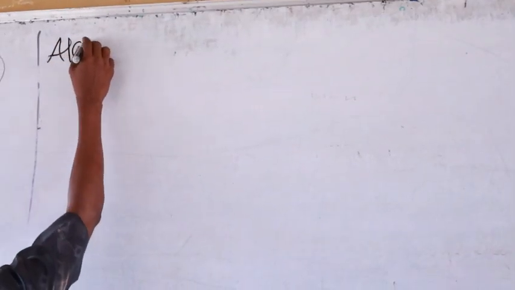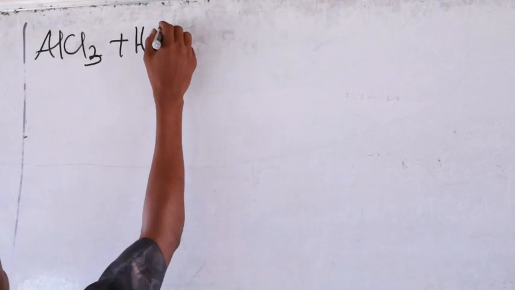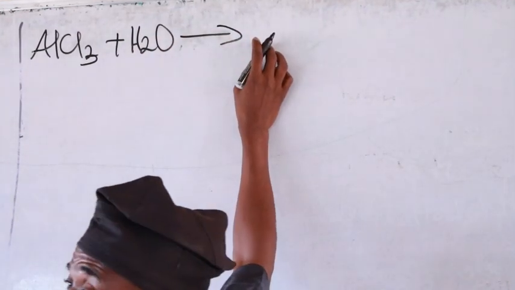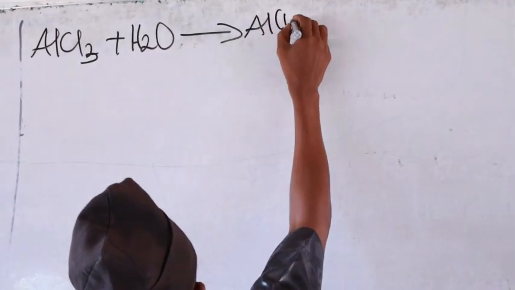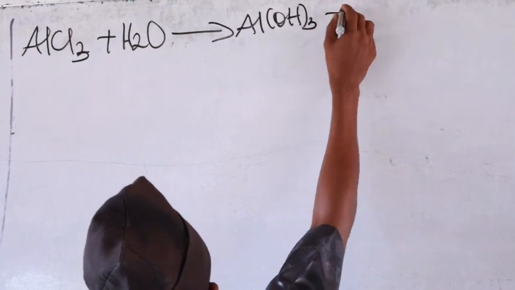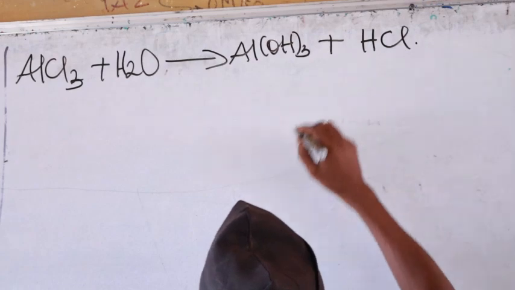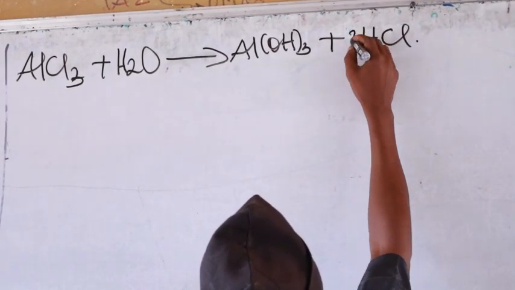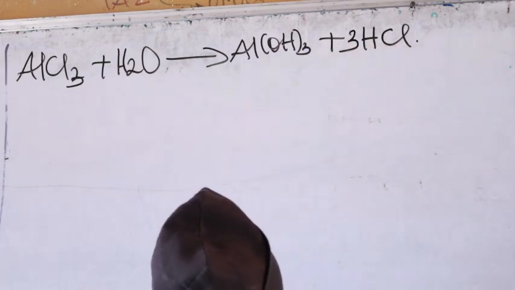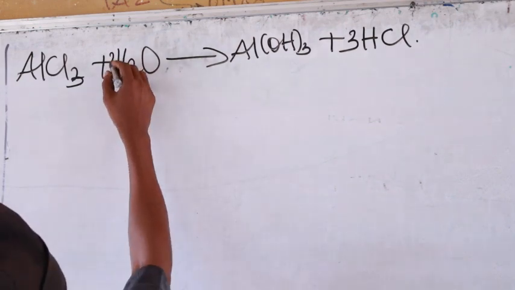When aluminum chloride reacts with water, we are going to have aluminum hydroxide and HCl. Is this equation balanced? 3 here.